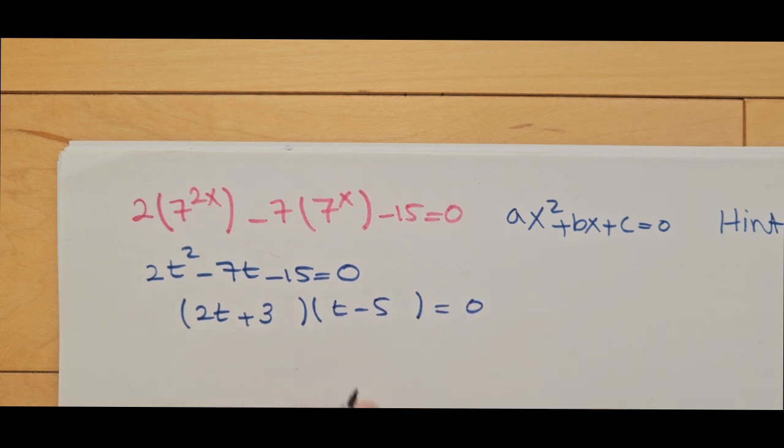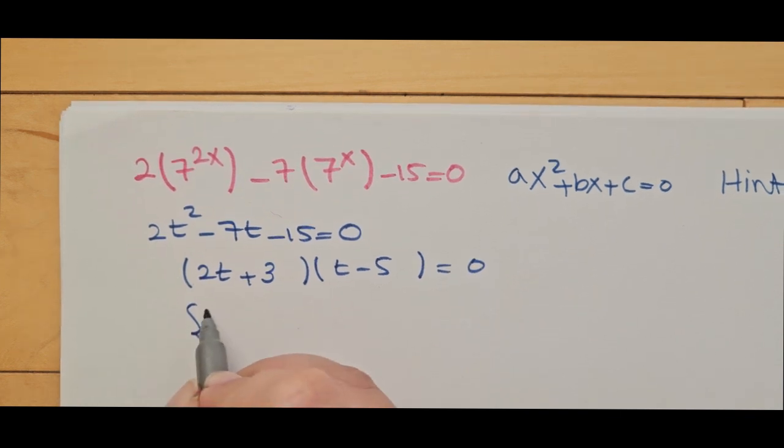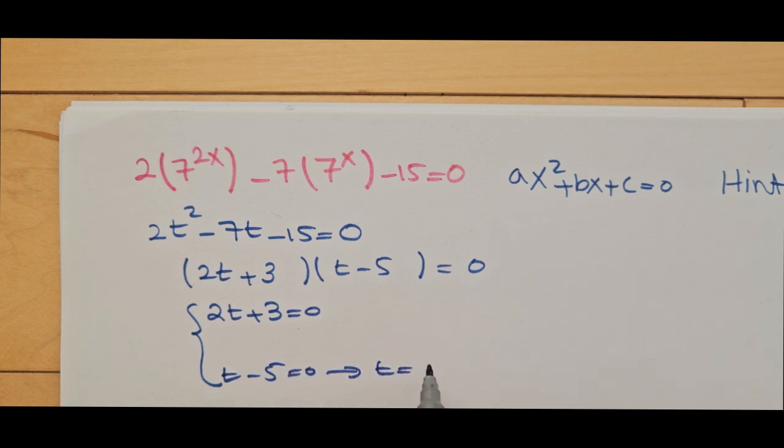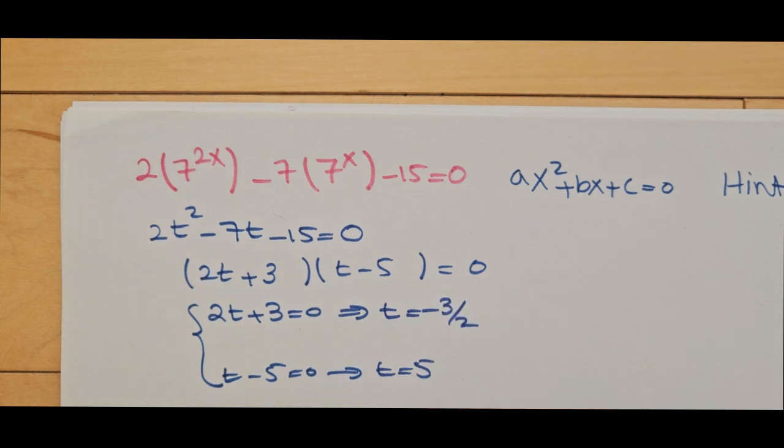Again, when two brackets or multiple brackets are multiplied by one another and the answer is 0, any of those brackets is a potential 0. So here t could be 5 and here t could be, sorry, negative 3 over 2.